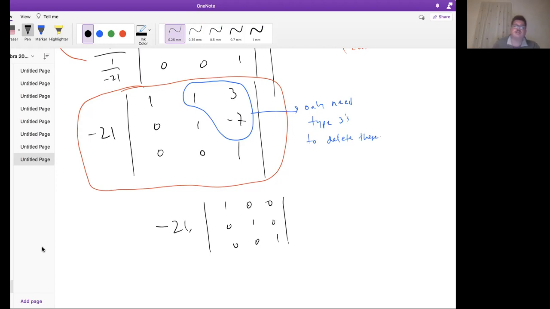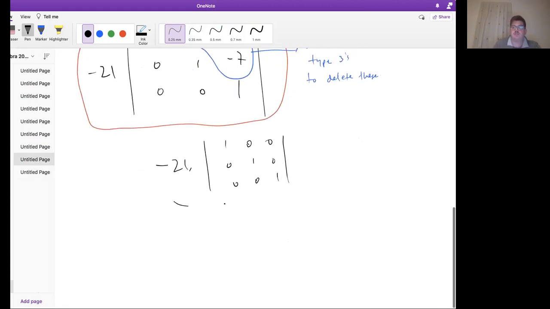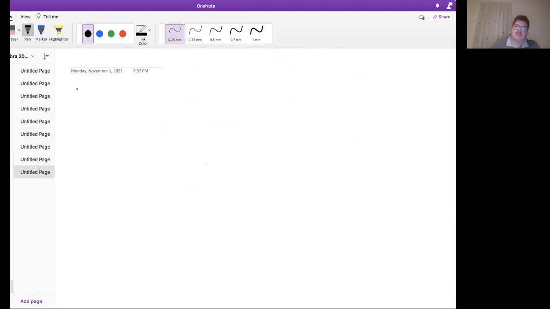Yeah, that's a consequence. The answer is just -21 in this case. The determinant of the last matrix was -21.